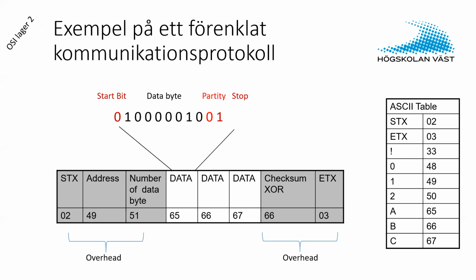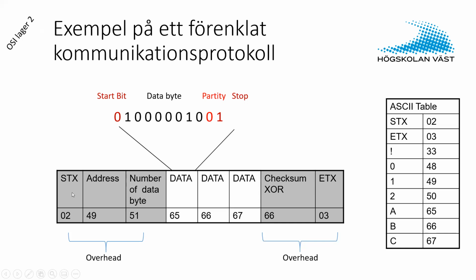It's very common that you have multiple data bytes here. And then you will typically end up having a header and a trailer, some overhead administrative data and bytes to signal the start of transmission here.